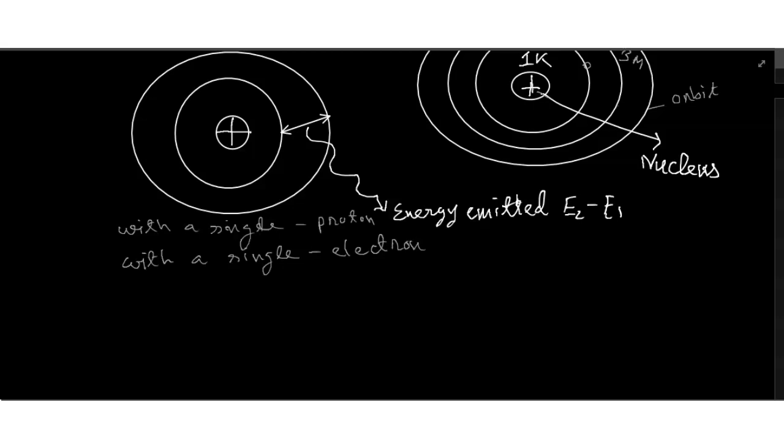The hydrogen atom is the simplest of all atoms. It is made of a single proton and a single electron. So let's start with the proton.